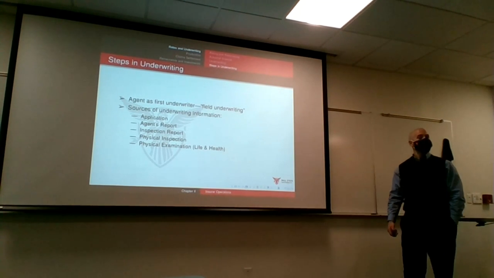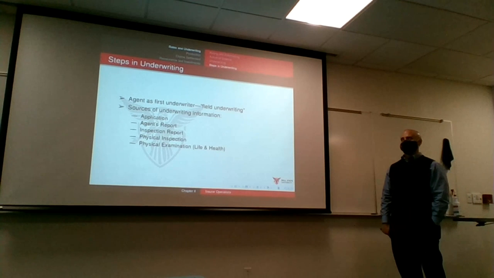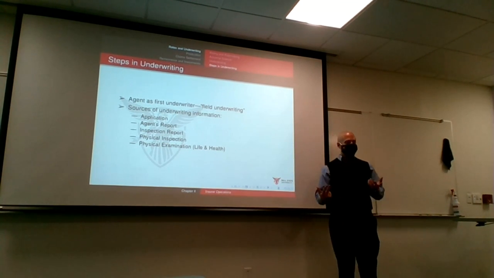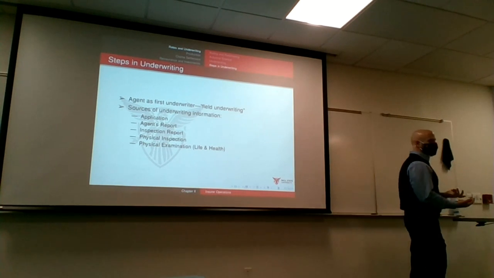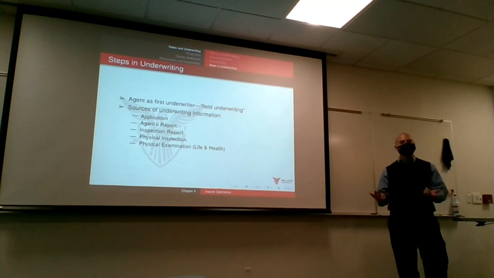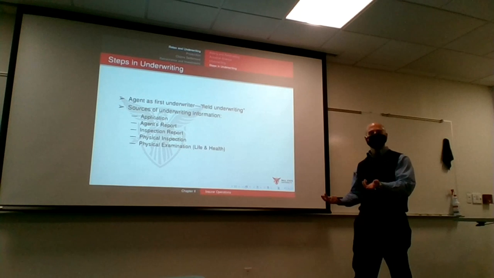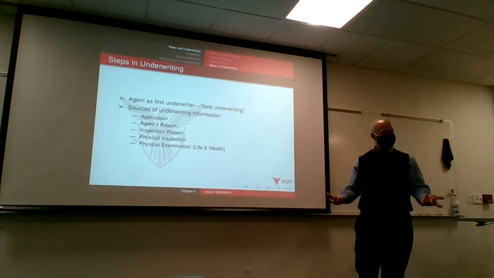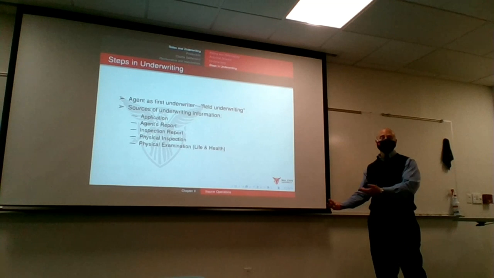Beyond that, agents can do reports. We'd have inspection reports on the risk. If it's a physical building, as opposed to, I'm not sure of any other types of buildings, but if it's a building, it physically exists. So we get a physical inspection. This could be through a third party.